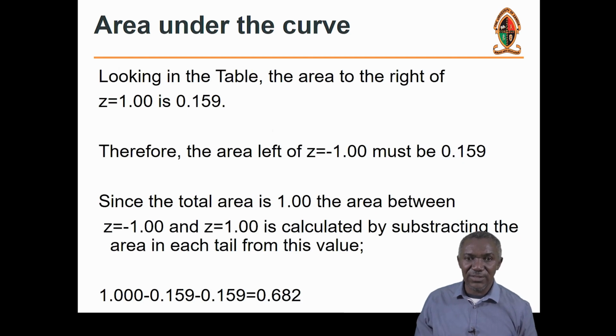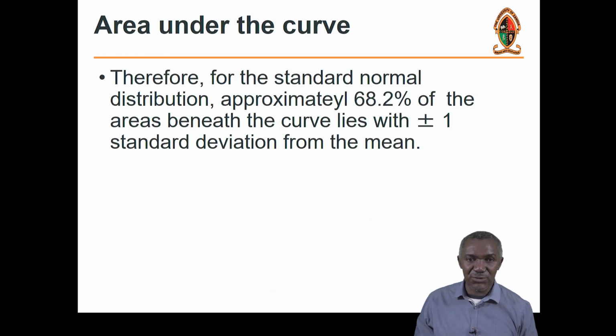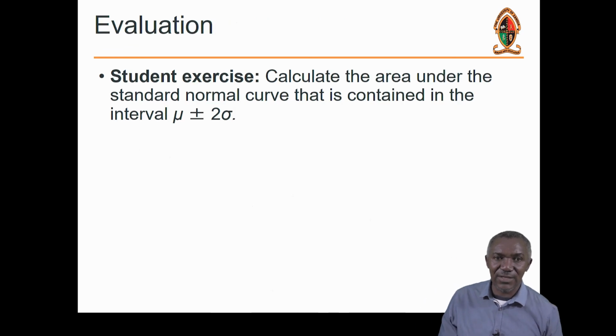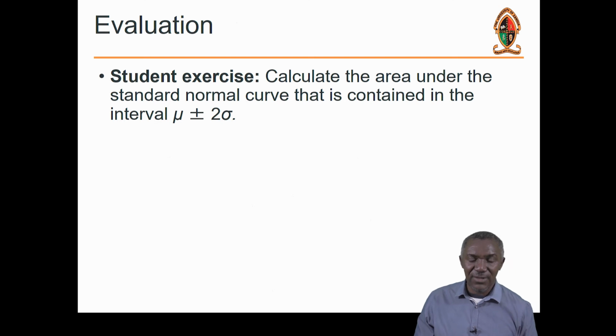So you go into the table. In this case, we're interested in the area under the curve within 1 standard deviation, and so you subtract the area on the left and the area on the right, and then you come up with the area in the middle. The same can be done for 2 standard deviations. So I leave you with an exercise to calculate the area under the normal curve for 2 standard deviations. I have calculated it for you for 1 standard deviation.